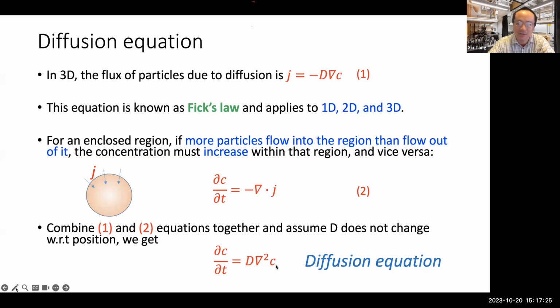The spatial change of concentration gives rise to the flow of the flux, and the divergence of that equals the temporal change of the concentration.